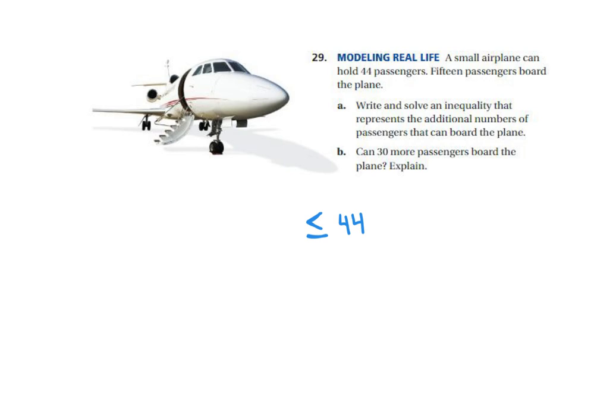Okay, 15 people boarded the plane. So 15 people plus P more passengers could get on. So here is our expression. And now to solve the expression, we would take away 15 from both sides.